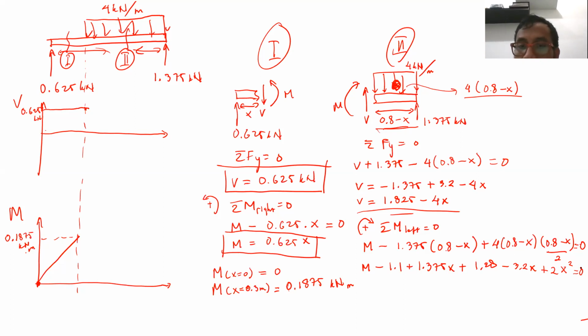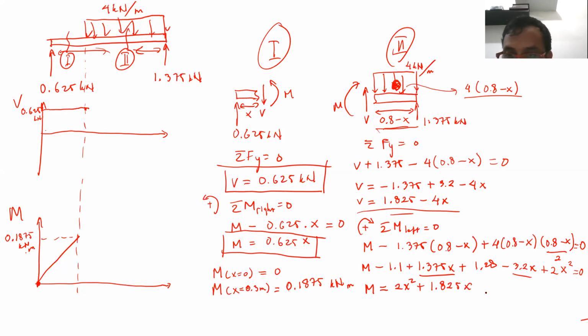Okay, then we collect all the terms together, and what we will have is m equal to, the x squared joined together, 2x squared, then the x joined together, 3.2 minus 1.375 plus 1.825x.